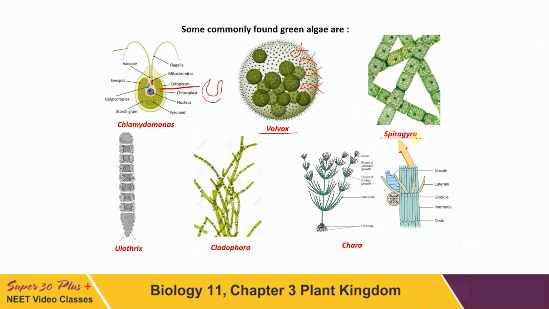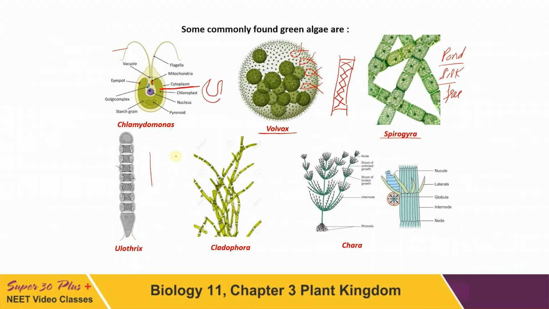This is Spirogyra, known as pond silk. Its surface is very smooth and slippery, known as pond silk. It is found free floating in water. If you enlarge a particular cell, the cell is rectangular. The length is more as compared to its width. In this, the chloroplast is spiral shaped, hence the name Spirogyra. This one is Ulothrix.